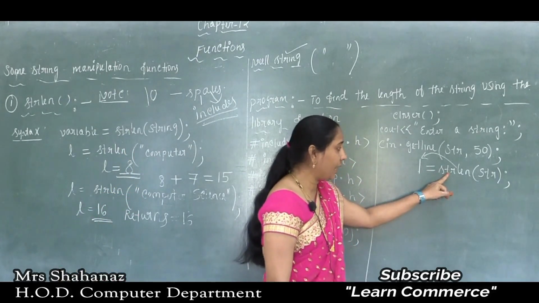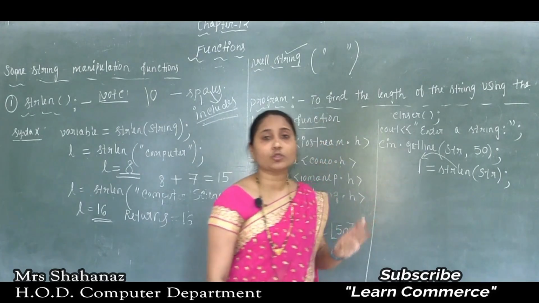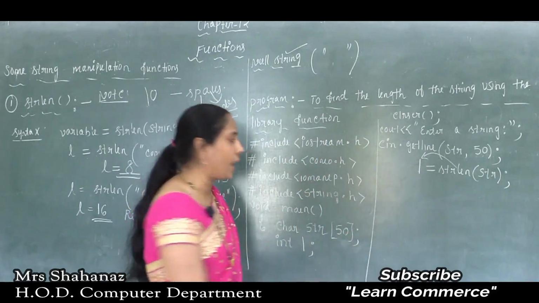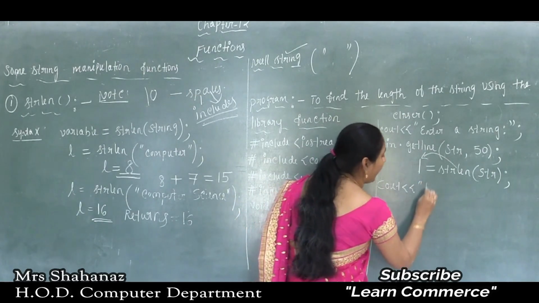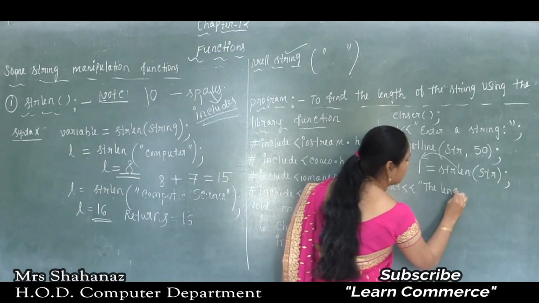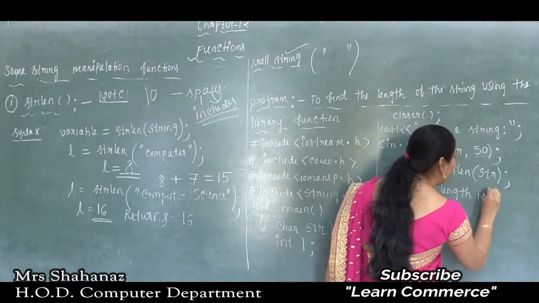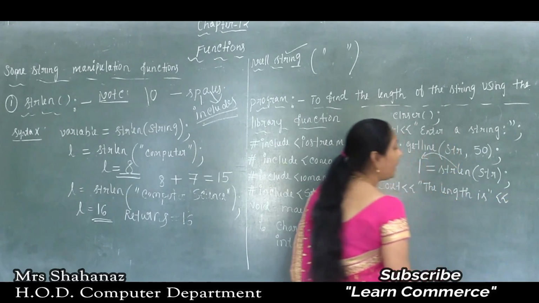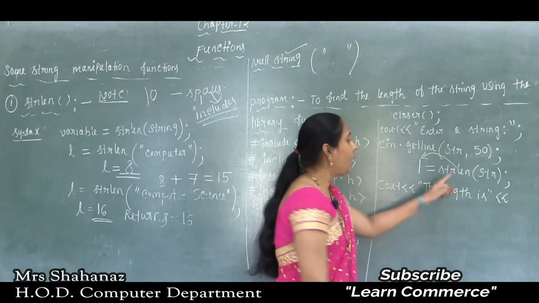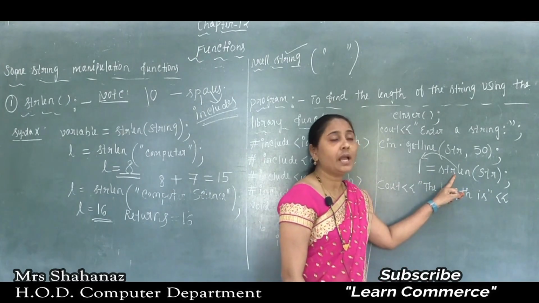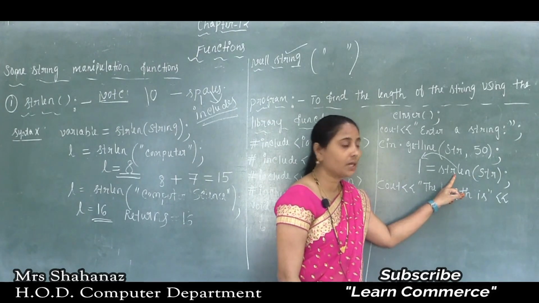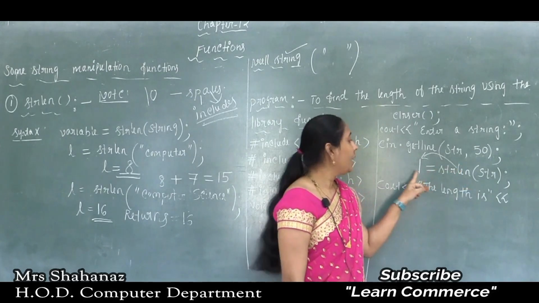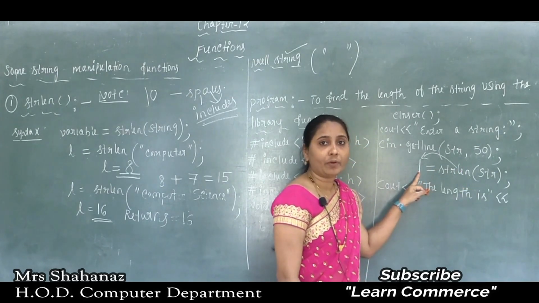Now, next, I just want to display the information, so I am using cout. Very simply, I write the program: "the length is", closing the double quotation. As we know, strlen is used just for finding the length of the number of characters, and that number is copied from one variable to another.